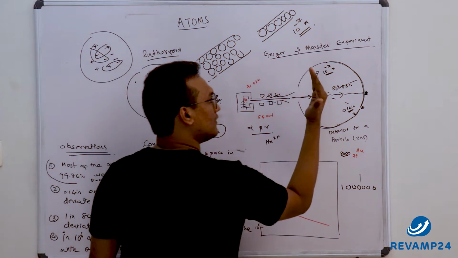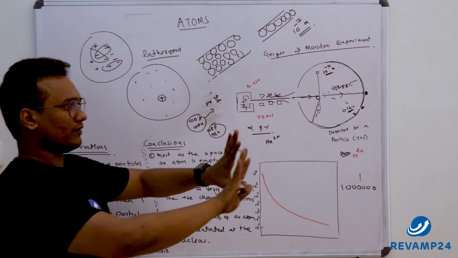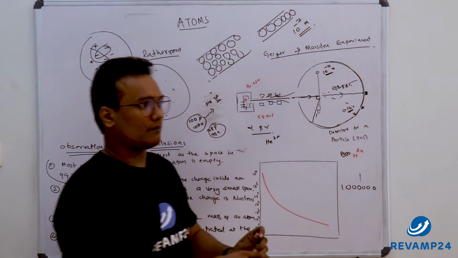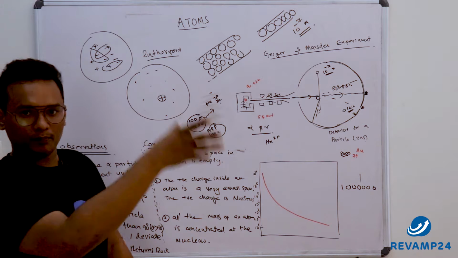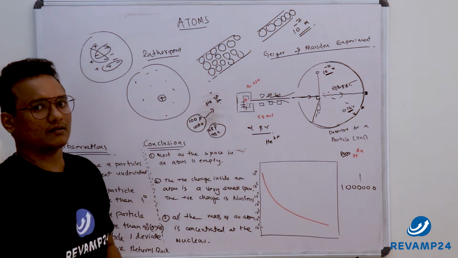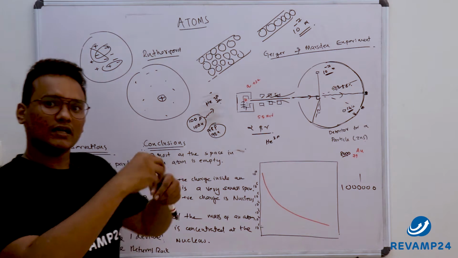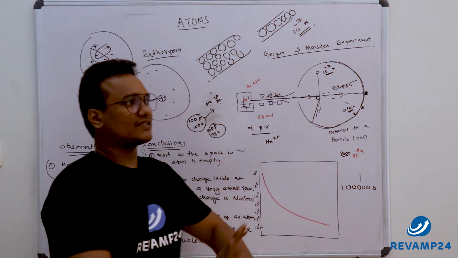There is nothing in the gold foil. It's everything empty. Let's say I have a mesh here, just a net you can consider, and I am throwing 100 bolts at the mesh. If 99 go out, it means I have nothing here.